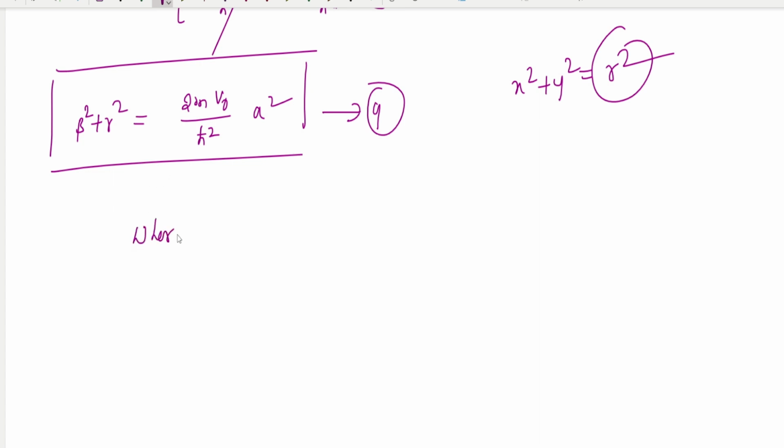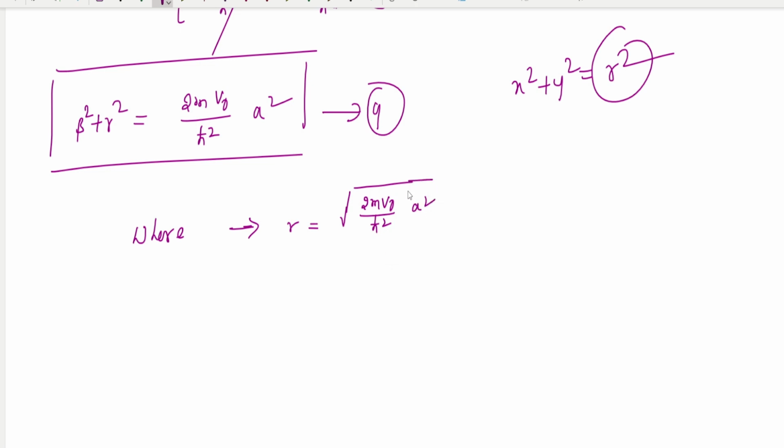So where this r, this is not gamma, okay? Just r. r equal to the root of 2m V naught divided by h cross square into a square.